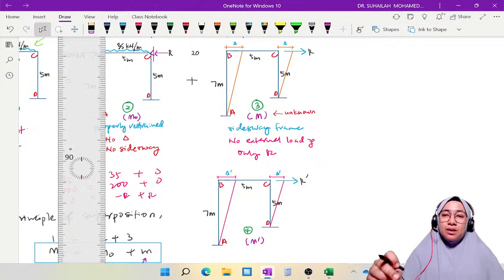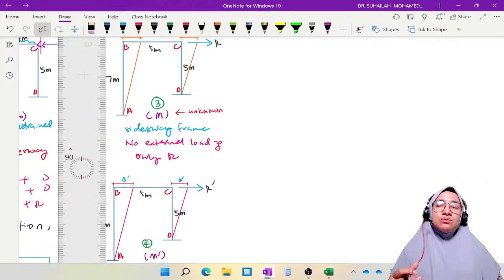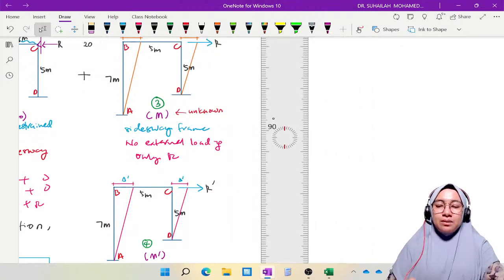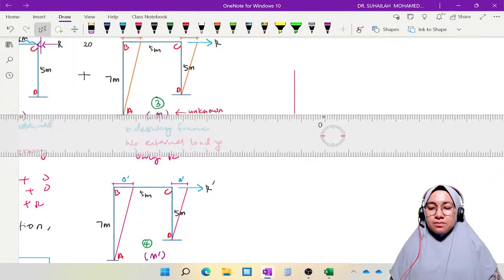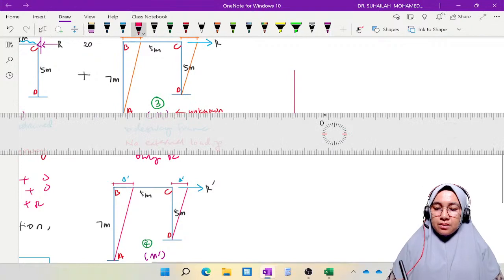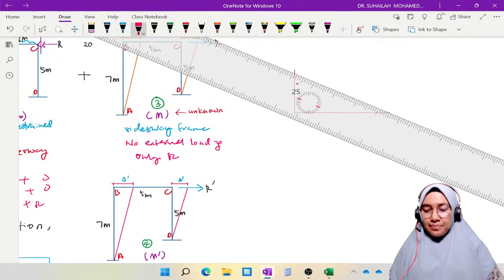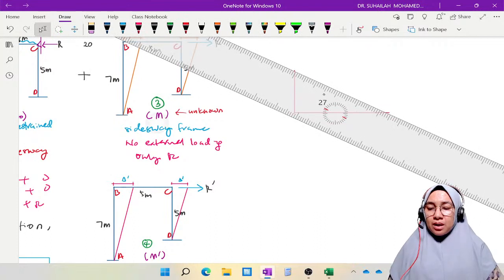So it is just like we do interpolation between two triangles. For example, we can get the relation between m and m prime that we get from diagram number 3 and diagram number 4.